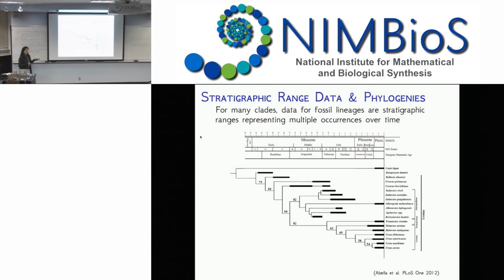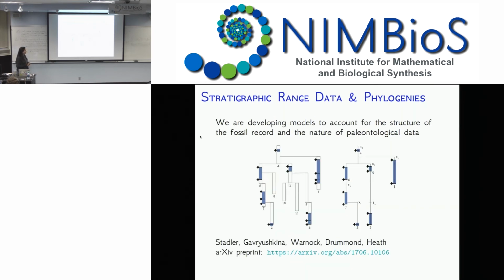And so given that we have this other concept of what the data actually are, it becomes really important to think about how we might model that kind of data, as opposed to one that just simply assumes you have a point estimate for every specimen that you've observed. So it becomes important to model them as stratigraphic ranges.